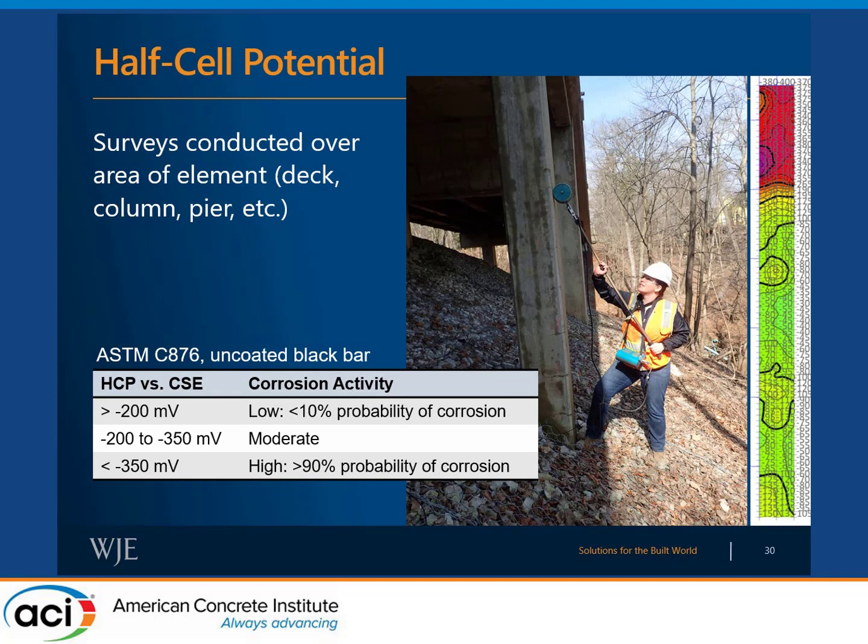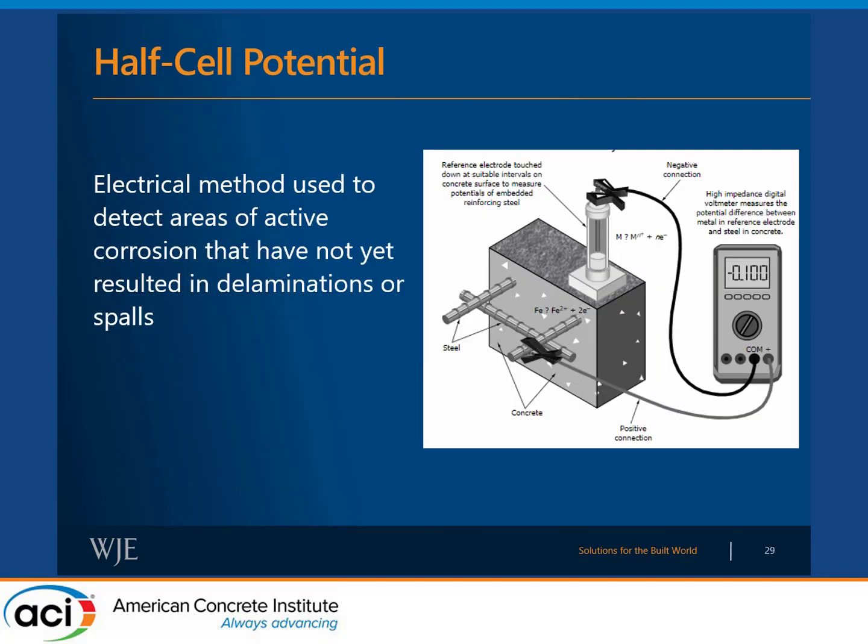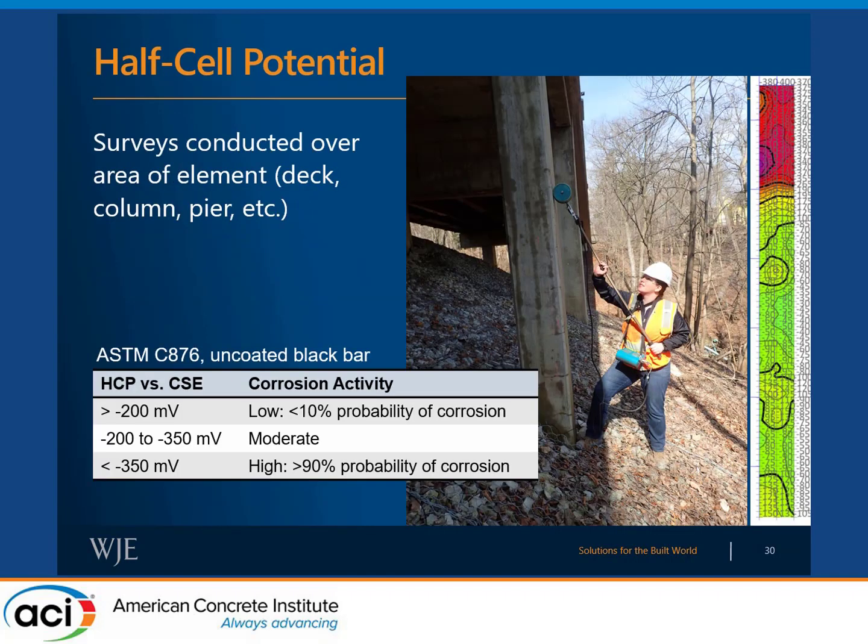We'll measure them on a grid, either using these individual single electrodes here, take a point measurement, or we'll do a rolling measurement like I've shown here, where we'll actually roll a wheel that has inside of it a half cell, and we will map and make contour plots of how the half-cell potentials are varying over a particular area. And so this one's just shown very schematically.